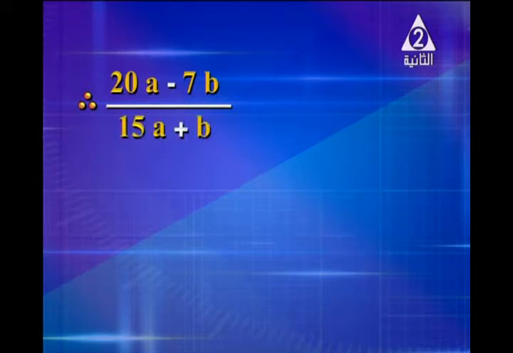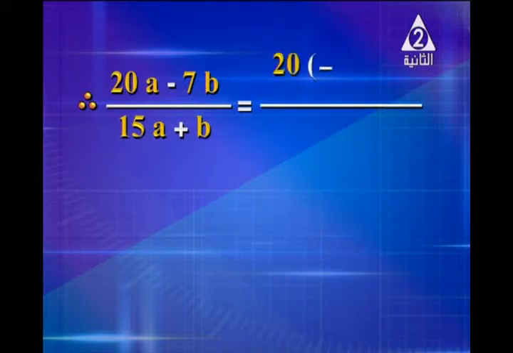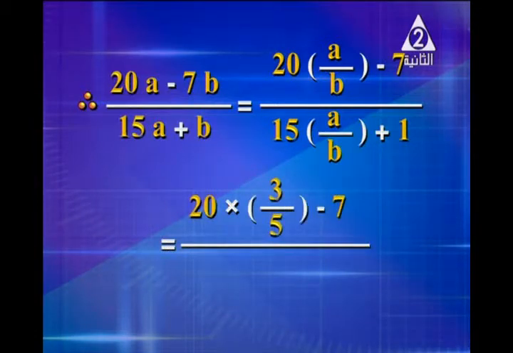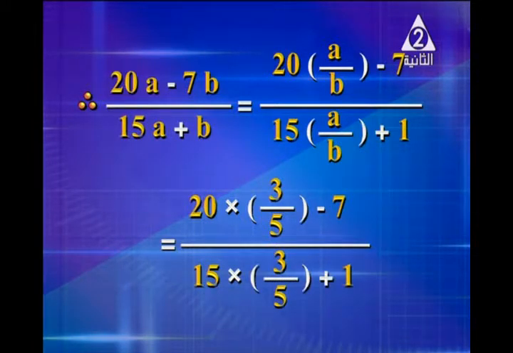Therefore, (20a − 7b)/(15a + b) = (20a/b − 7)/(15a/b + 1) = (20 × 3/5 − 7)/(15 × 3/5 + 1).